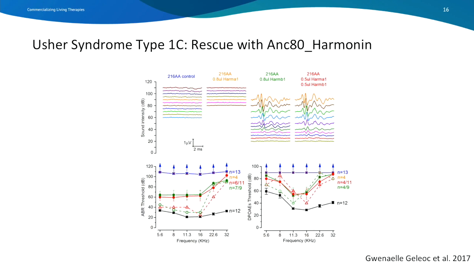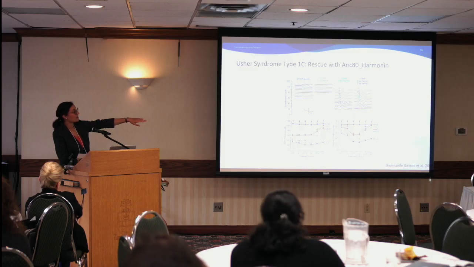And so this was a DPOAE model where you place little electrodes into the ear and you're able to have a readout of potential decibel hearing from that mouse. And the blue down here shows the mice who are the knockout mice, and they are unable to detect anything along that scale of hearing with respect to the decibels.